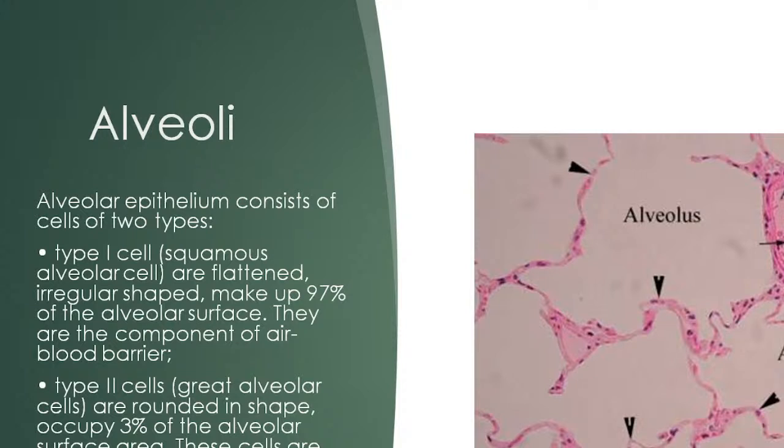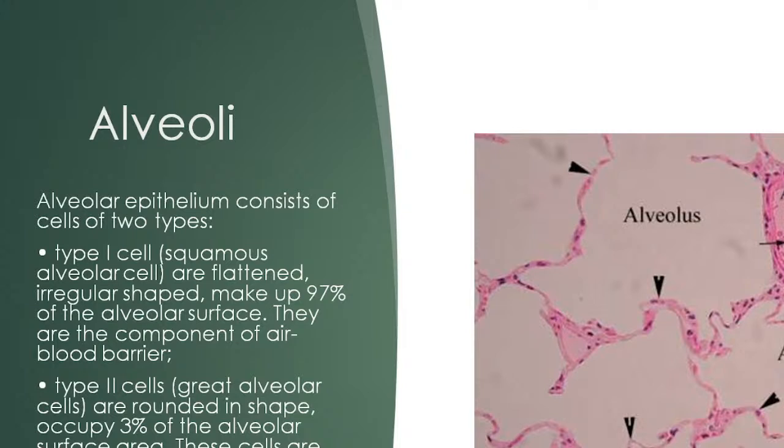Interalveolar septa form a common wall between adjacent alveoli, and these septa contain a network of elastic fibers and blood vessels between alveoli. Neighboring alveoli may be connected to each other by small alveolar pores, and alveoli are lined by simple squamous epithelium.